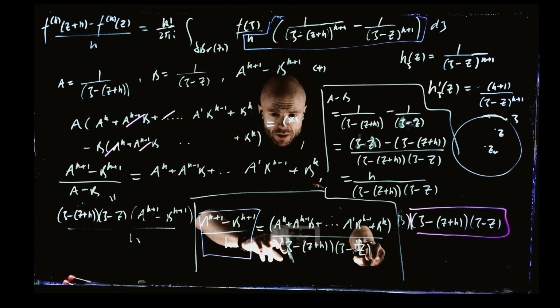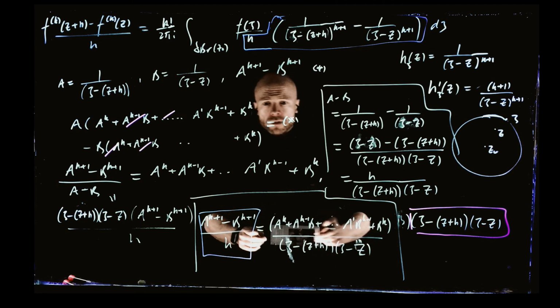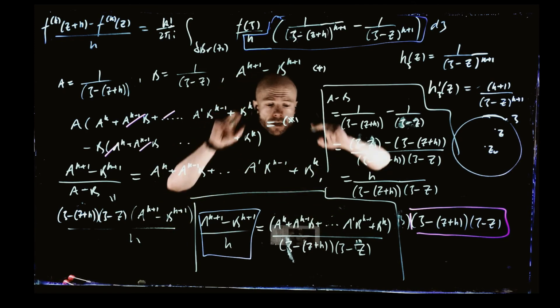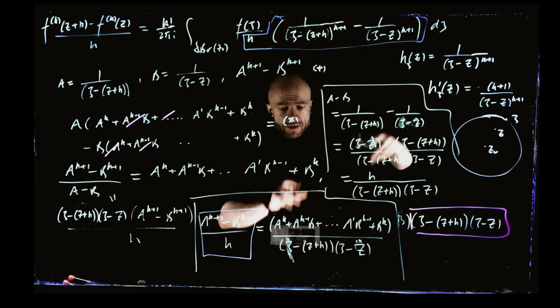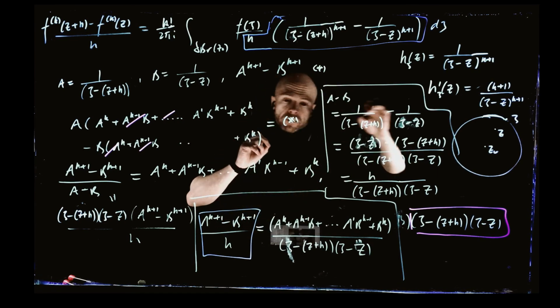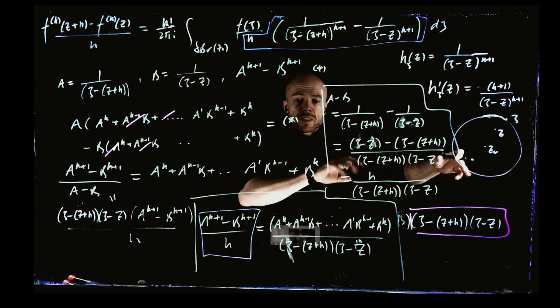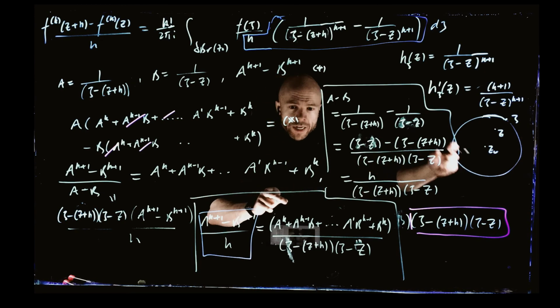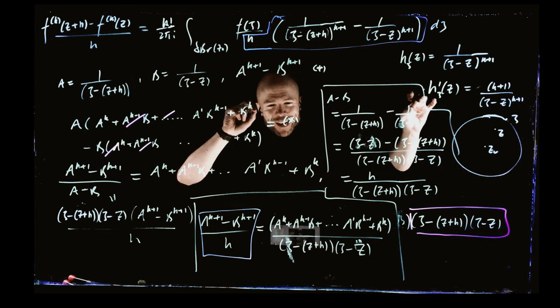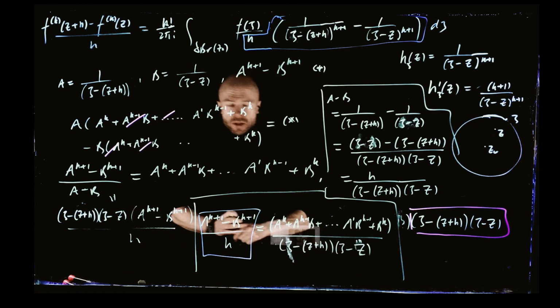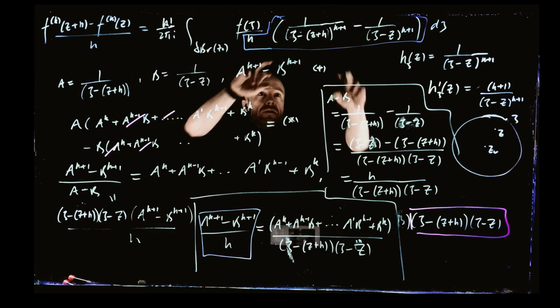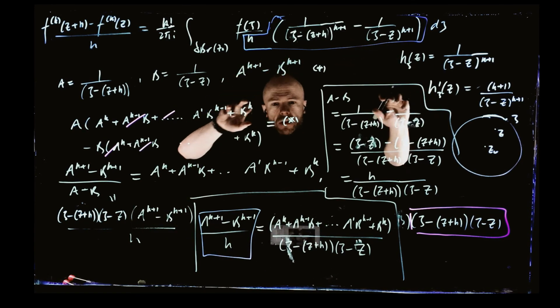So all of the terms inside this sum will ultimately be 1 over zeta minus z to something times zeta minus z plus h to something, where the something plus the something is k plus 2. Cool.